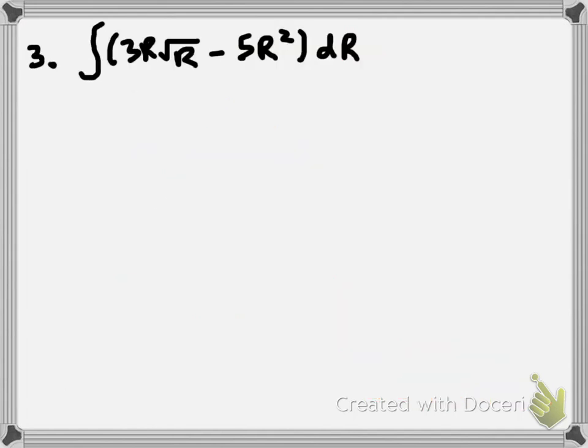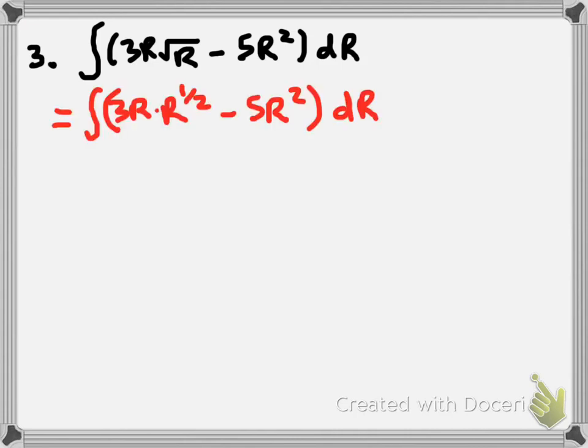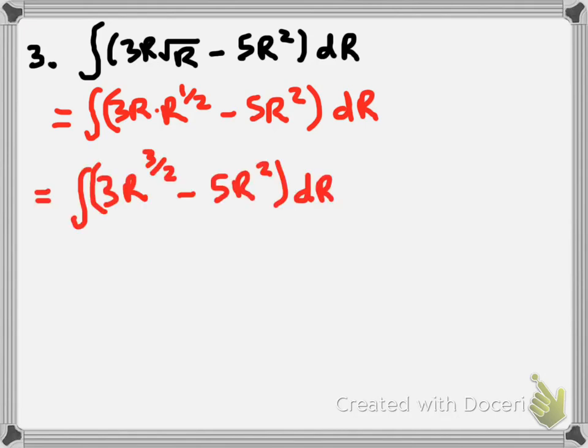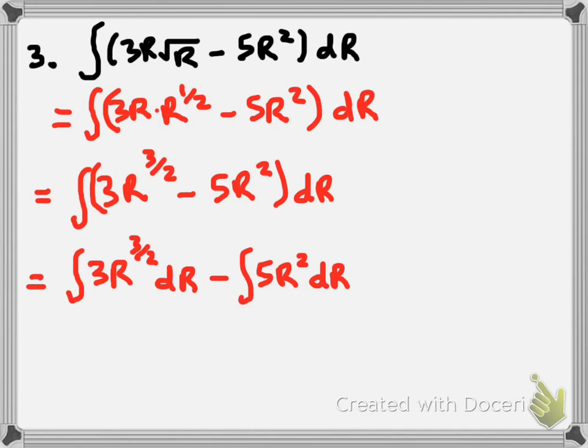And finally, this last one, again, you would have to rewrite. First of all, before you take the antiderivative, using your exponent rules, you have 3r times r to the power half minus 5r squared, which will give you the antiderivative of 3r to the power 3 halves minus 5r squared dr. Now you can use your sum relationship to distribute the antiderivative sign over each of your pieces.